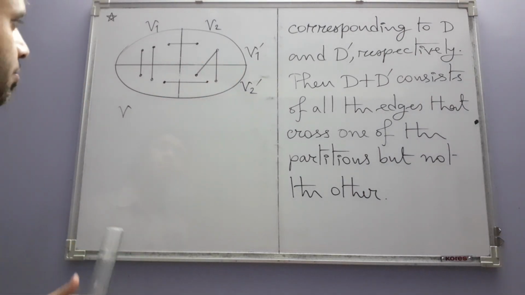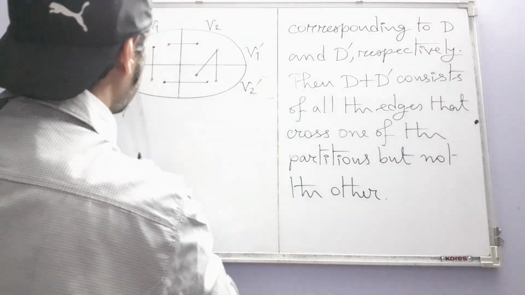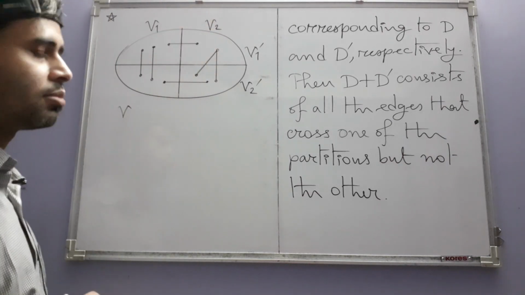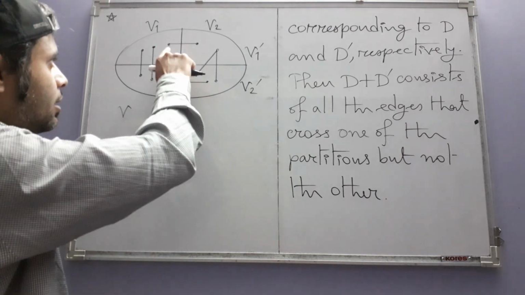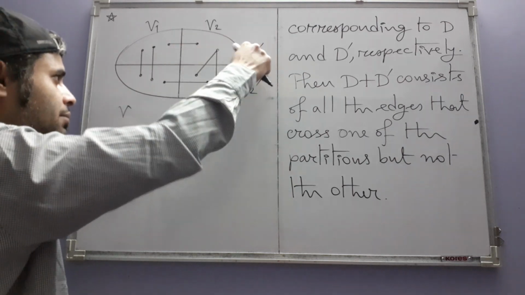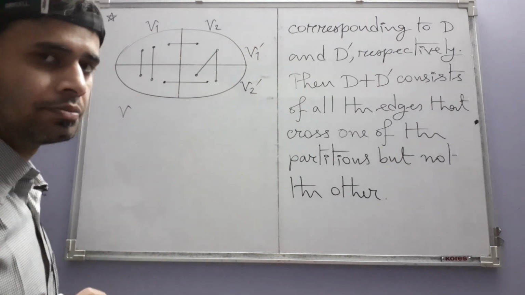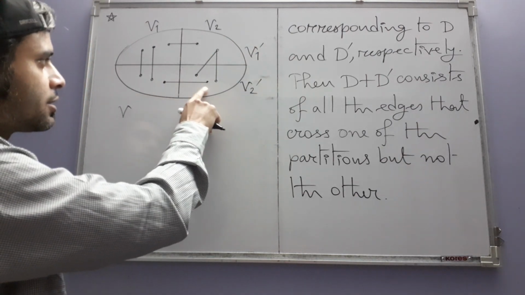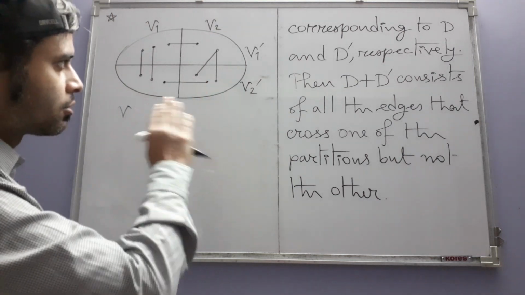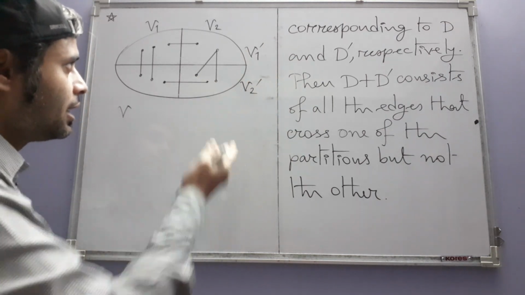Let us also see whether these are really allowed or not. This edge crosses the partition V1, V2 because one end lies in V1 and the other end lies in V2, but it does not cross V1 prime, V2 prime because both of its ends lie in V1 prime. A similar situation is there for this edge, and these four edges cross the partition V1 prime, V2 prime because they are literally crossing.